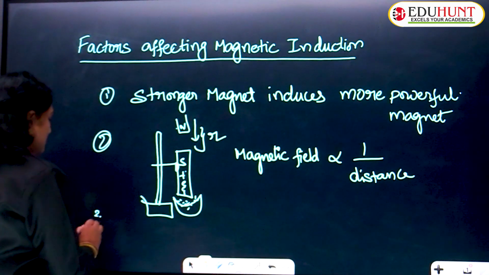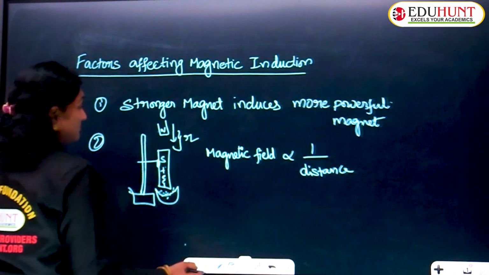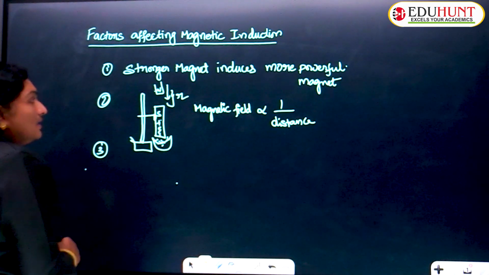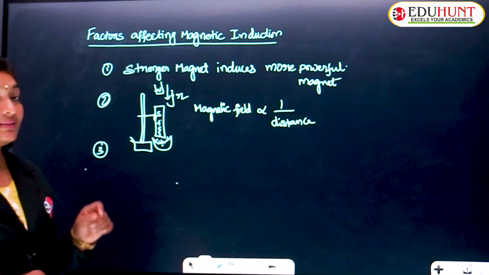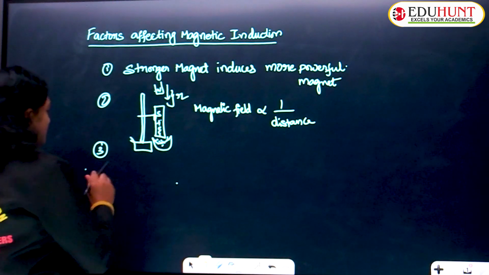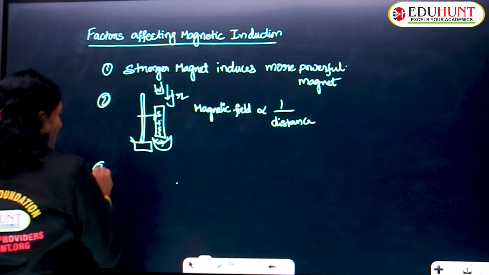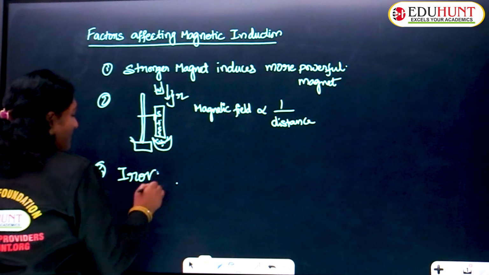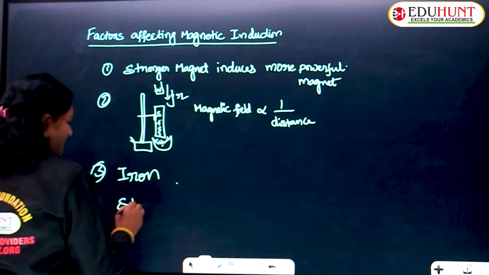And one more thing you need to know, children. The third point is all about retentivity. Suppose you consider two materials, one is iron, the other is steel.